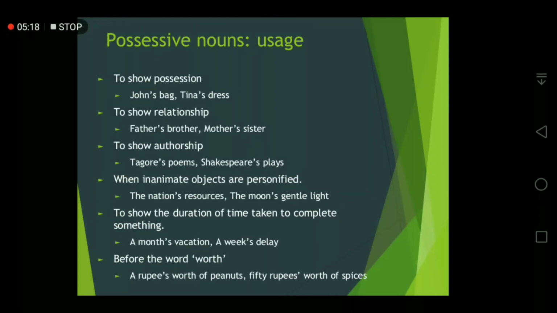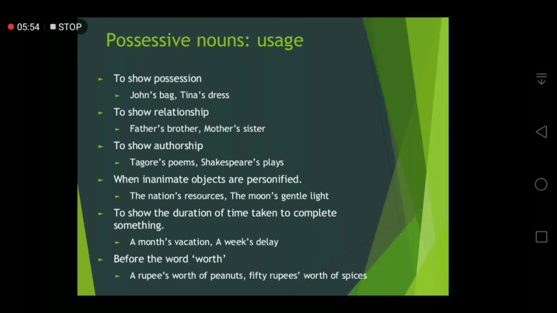If you remove the apostrophe s, we can say a month vacation. We can also use months' vacation without the apostrophe, but that means the plural sense of month. But if you want to say only one particular month's vacation, you can use the possessive noun like this: a month's vacation, a week's delay.